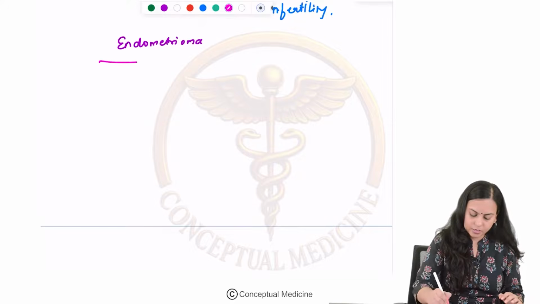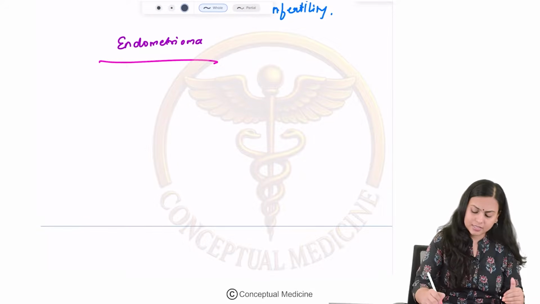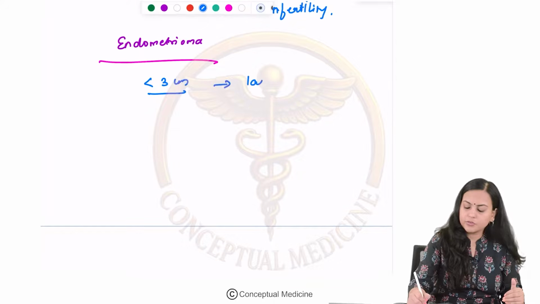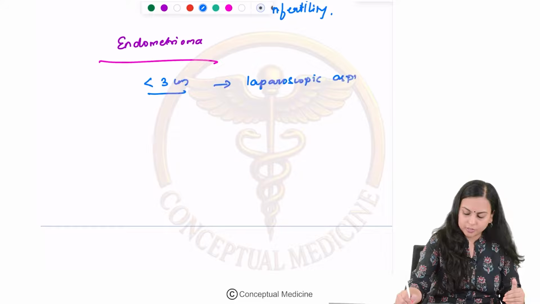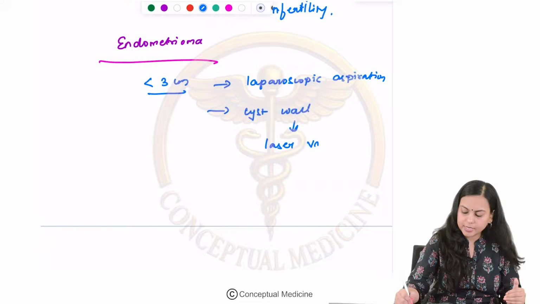Now, let's speak about endometrioma. So, endometrioma, when the size is less than 3 centimeter, you can do a laparoscopic aspiration. Okay, and the cyst wall can be destroyed by a laser vaporization.